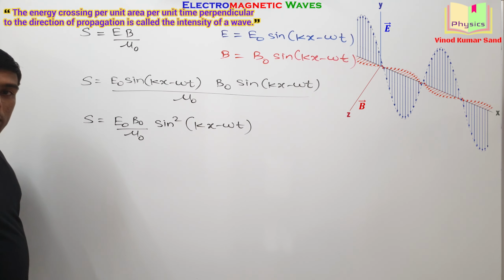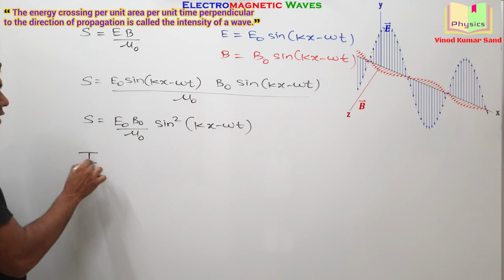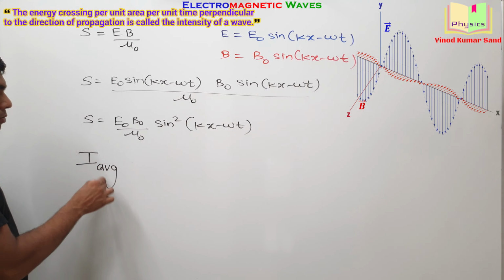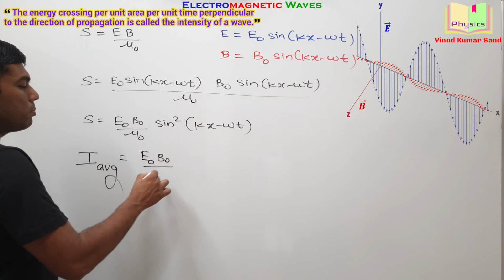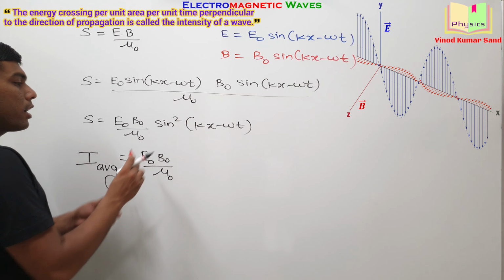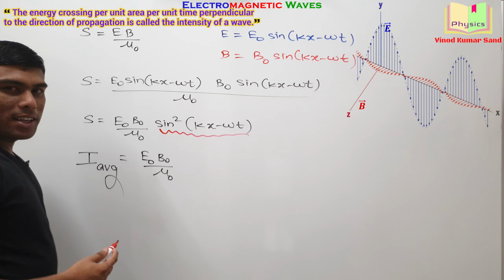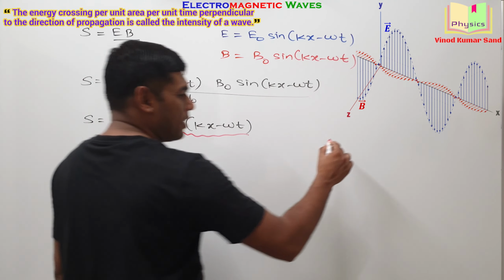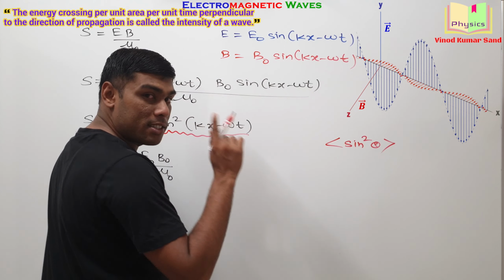Suppose we want the average value of this S. It can be written as average intensity also. I average will be equal to E naught B naught by mu naught, and we require the average value of this expression. Do you remember what is the average value of sine square theta? In the mathematical tools playlist, there is a video.